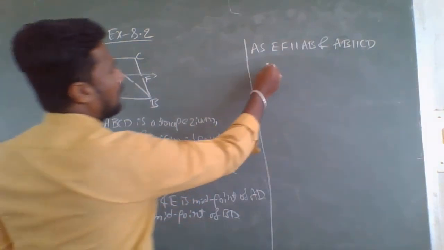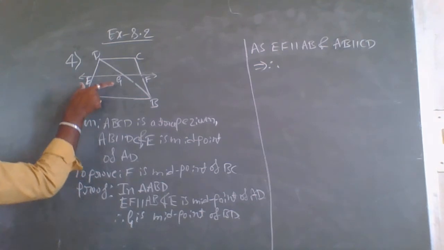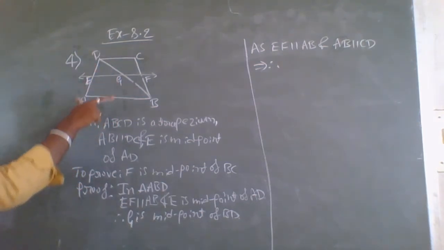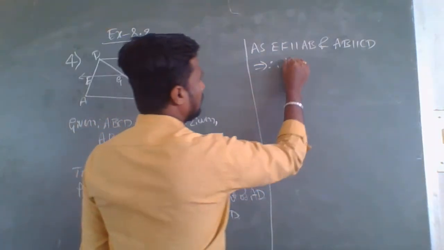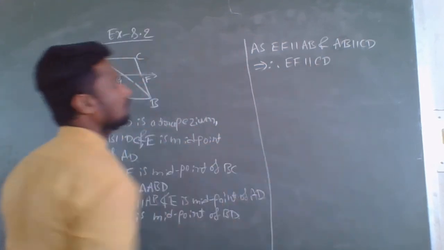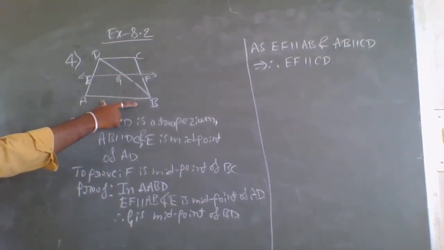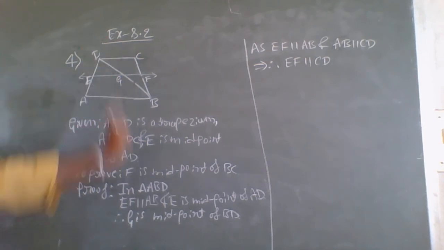Therefore, since EF is parallel to AB and AB is parallel to CD, we can write that EF is also parallel to CD. Why? Because a line parallel to another line is also parallel to the lines parallel to it. Therefore, EF is parallel to CD.